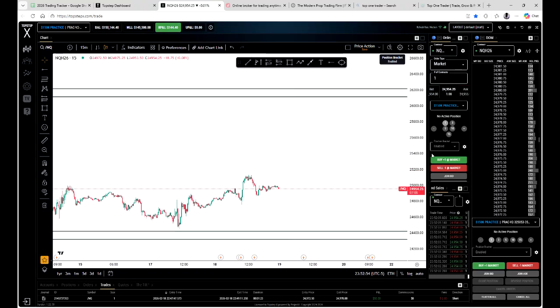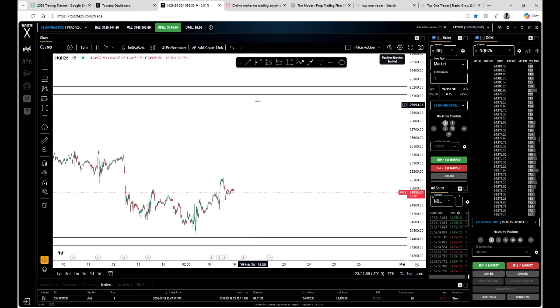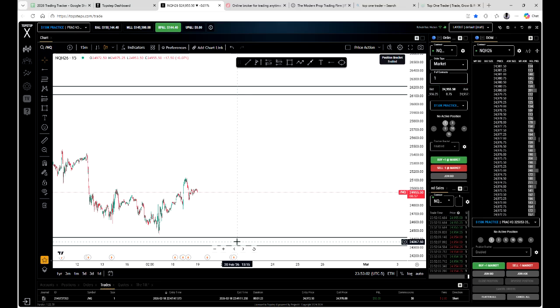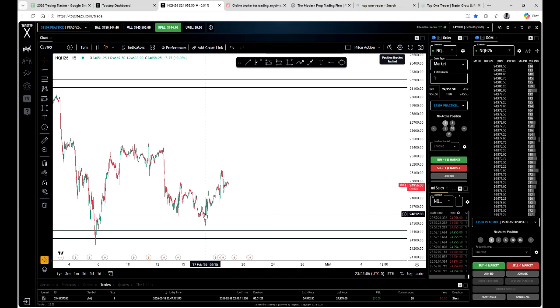Now, we talked about the zone already. We talked about support and resistance. So support down, near resistance up top, and now you can see the price went down to a level where it's close to the zone, and now it starts pushing back up. So that's how we identify.